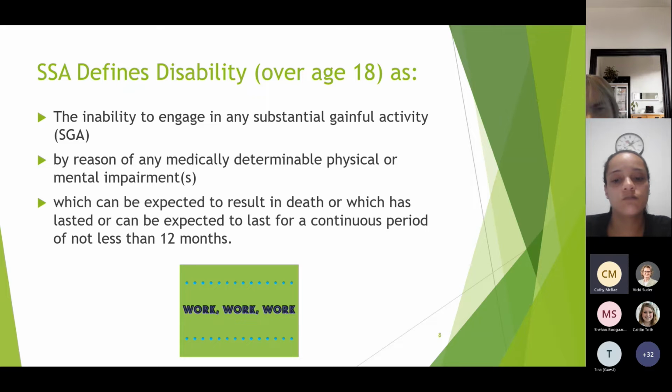Substantial gainful activity can be a couple of different things, but primarily it is a number set by Social Security that changes almost every year. It's the amount of money a person earns in a month, gross income. We're going to talk about what that is as we move forward.